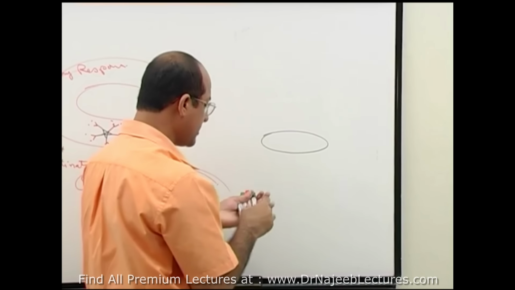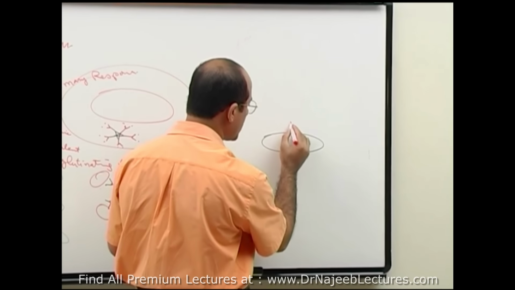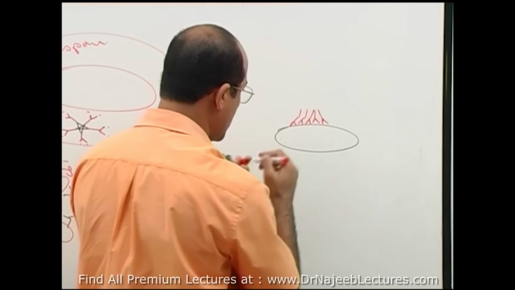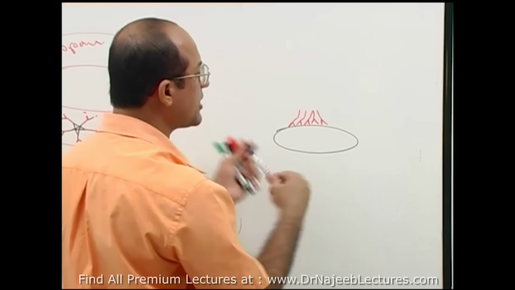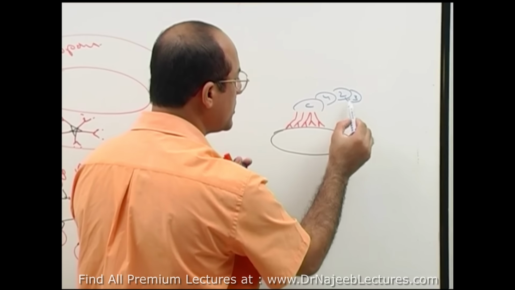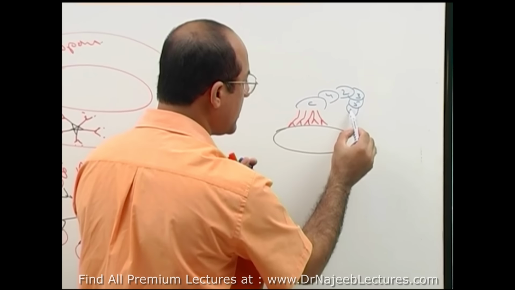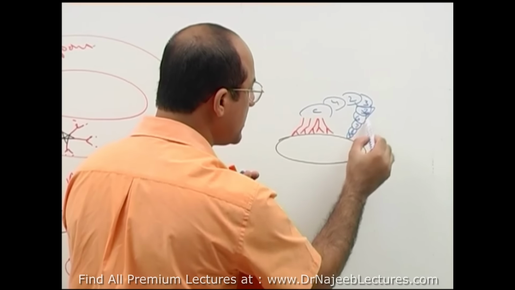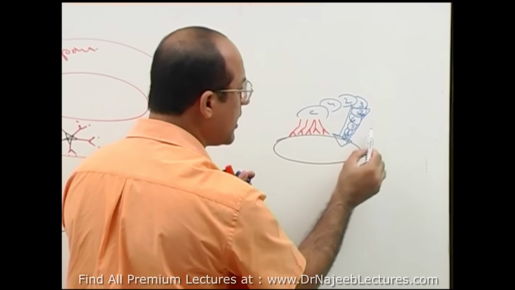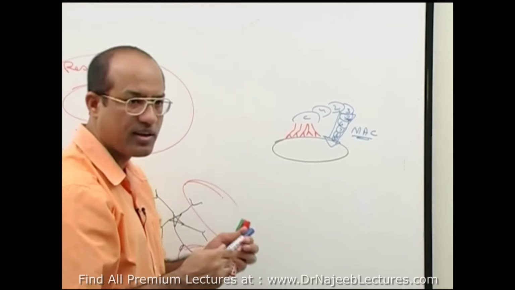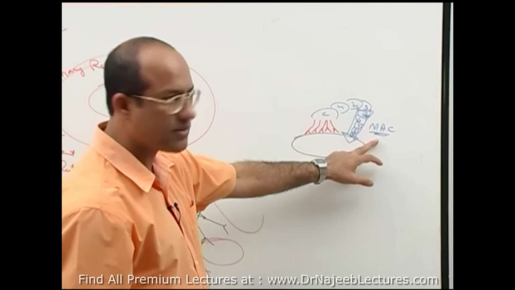Let's suppose here is IgM. Now this group of IgM will activate the complement C1, 4, 2, C3, 5 and 6, 7, 8 and 9. You know C5b, 6, 7, 8, 9 is called the membrane attack complex. This you will study in detail in complement system activation.